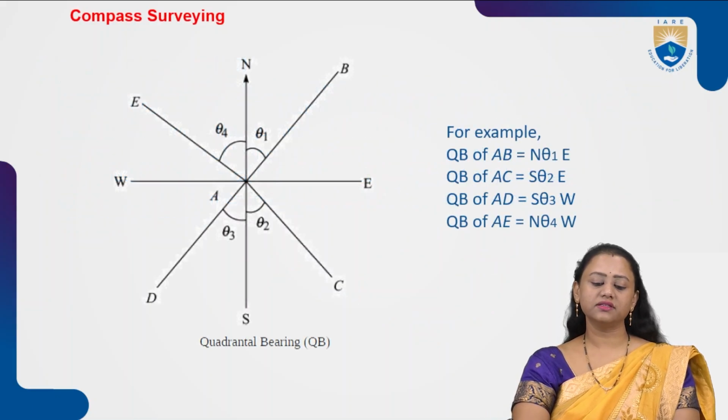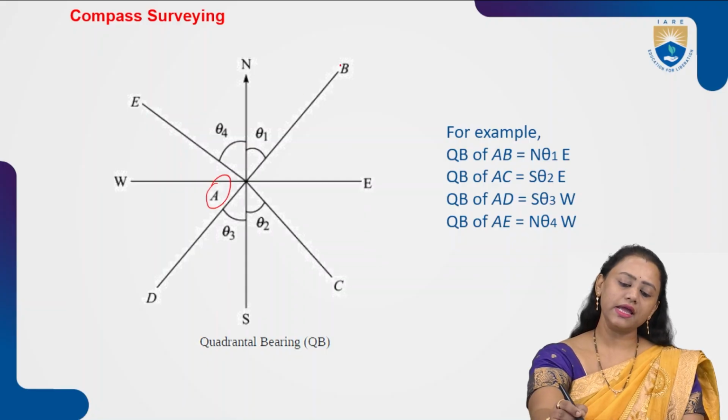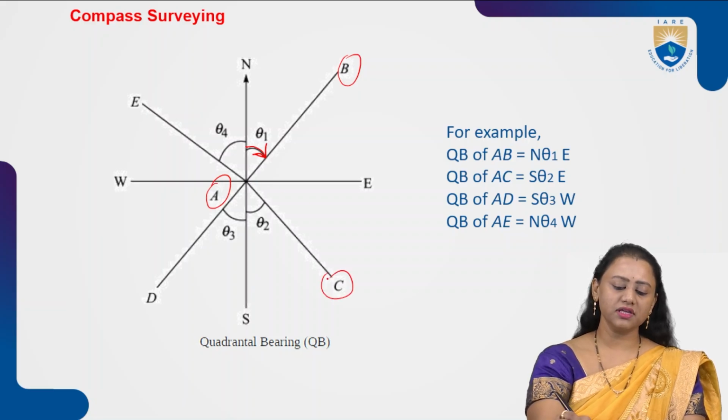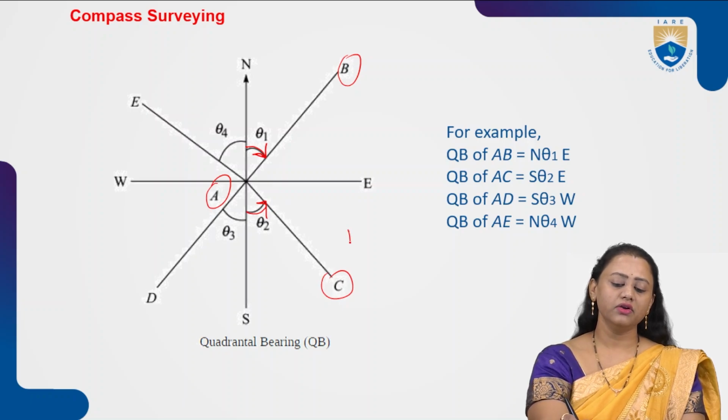So we can look at this diagram. For line AB, the quadrantal bearing is going to be theta 1. For line AC, the quadrantal bearing is going to be theta 2, because it is in the southeast quadrant, so we have to measure from the south.